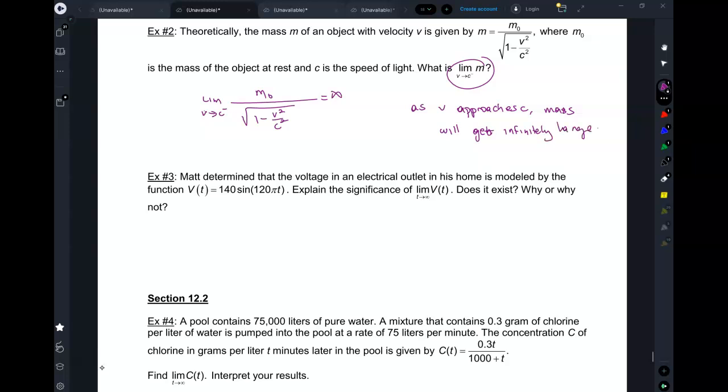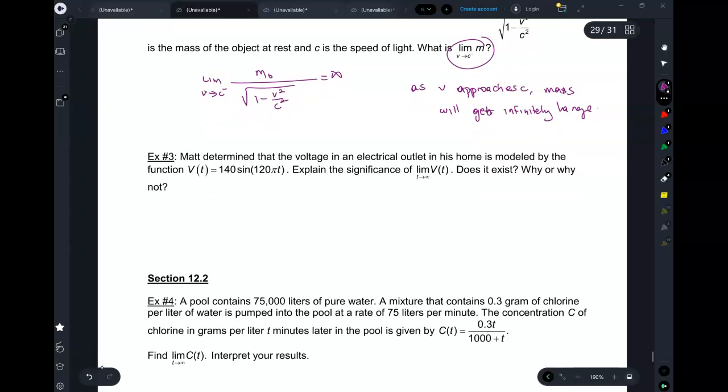Okay, Matt determined that the voltage in an electrical outlet in his home is modeled by this function. What is the significance of this? Okay, so this is the voltage.